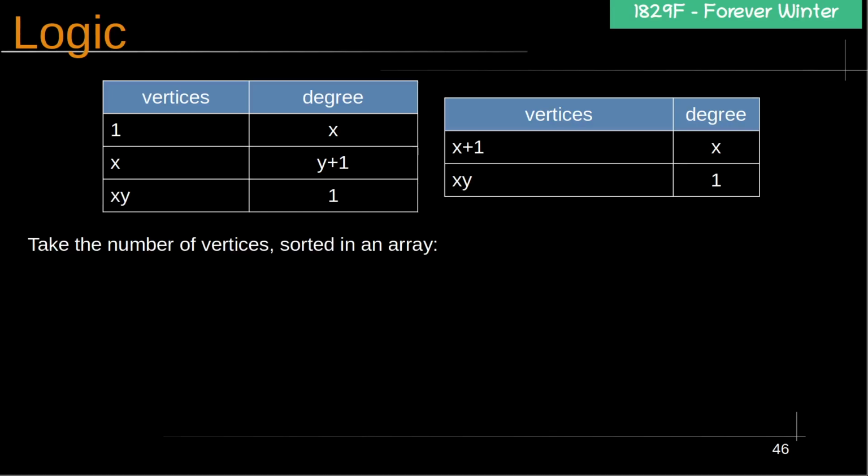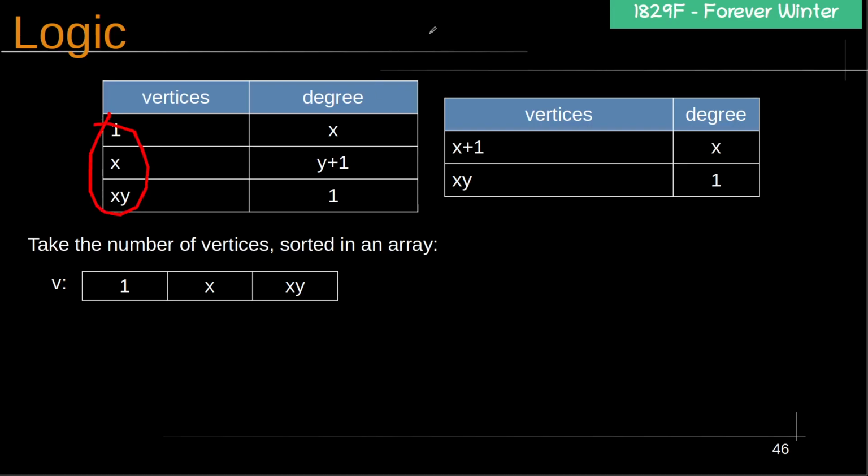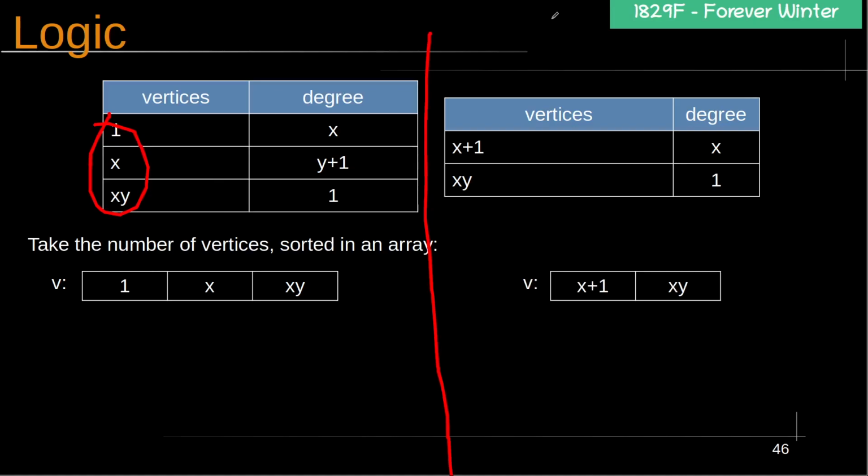Okay. So we take the number of vertices sorted in an array. This is the number of vertices. In this case, of course, we have 2 cases here. In this case, we have this array. And in the other case, this one, we have this array. We sort them to have this representation.